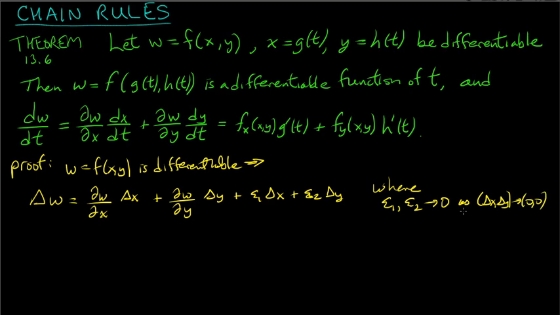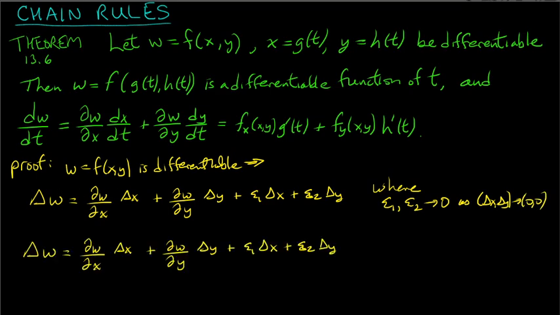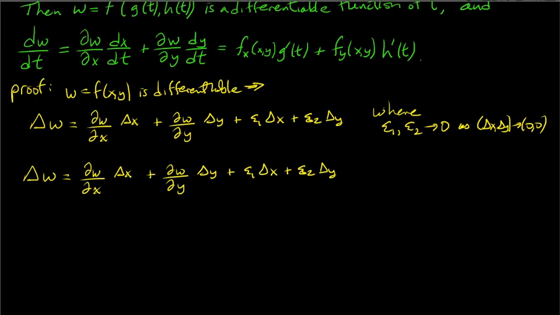Okay. And so the next thing to do is just divide by the delta t. So divide both sides by delta t. That means you're dividing each term by delta t, right?